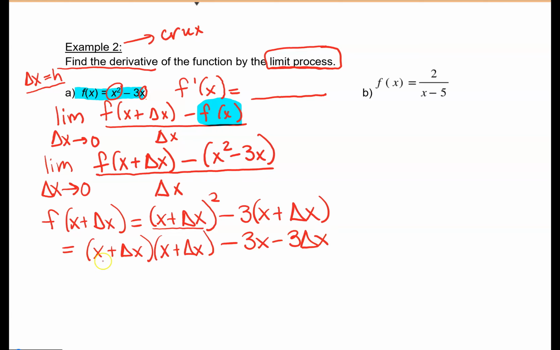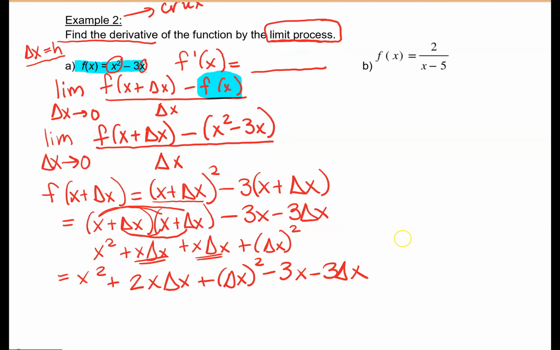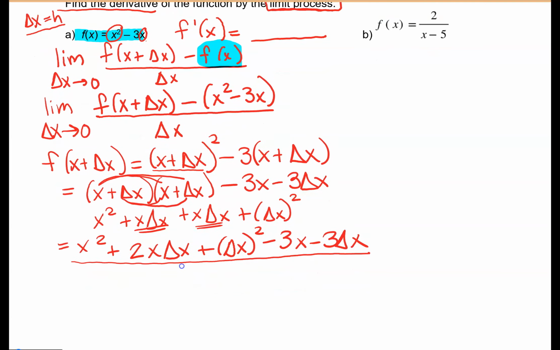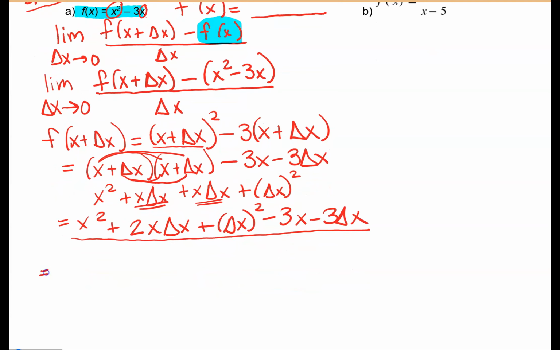Also remember, x is not the same as delta x. These are two distinct variables, so they need to be treated that way. So when I'm evaluating f of x plus delta x, this is what I get, all of that. But I noticed that, actually no, nothing can combine or cancel. So I'm going to plug all of this into my limit. So here's what my limit now says.